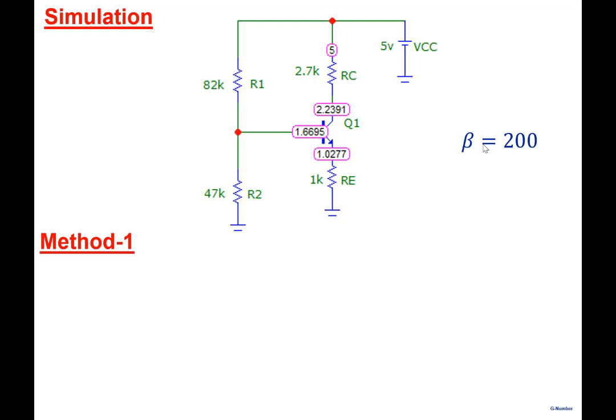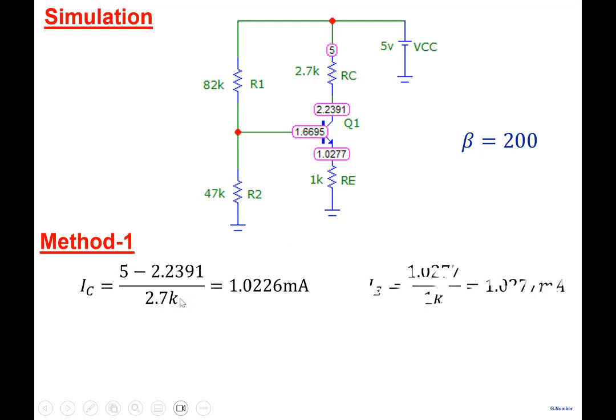So in method 1, you measure the base voltage, the emitter voltage, and the collector voltage. These voltages are all given to you. Then you calculate IC. IC is 5 minus this voltage divided by RC. Emitter current is emitter voltage divided by RE, which is 1K.